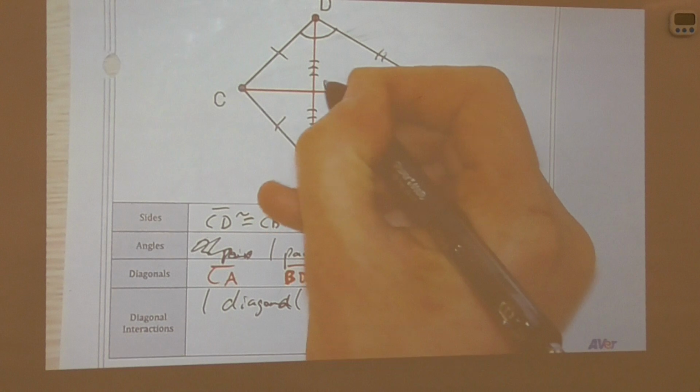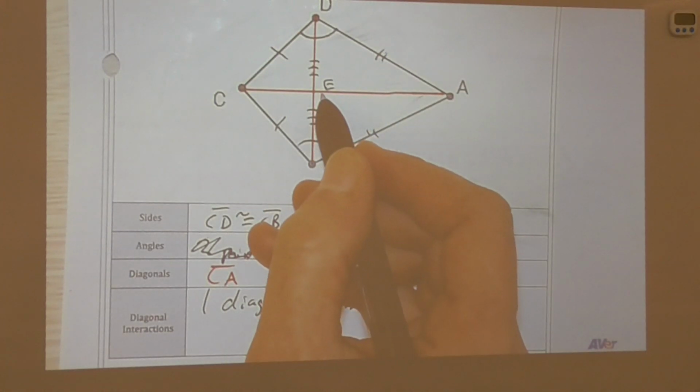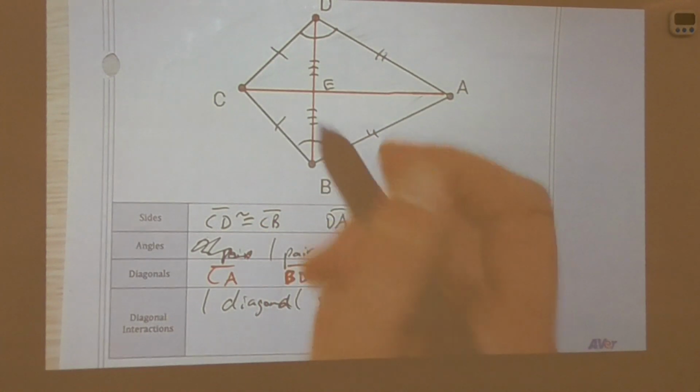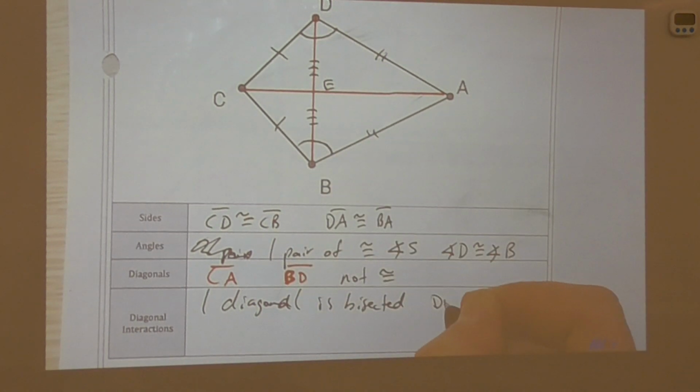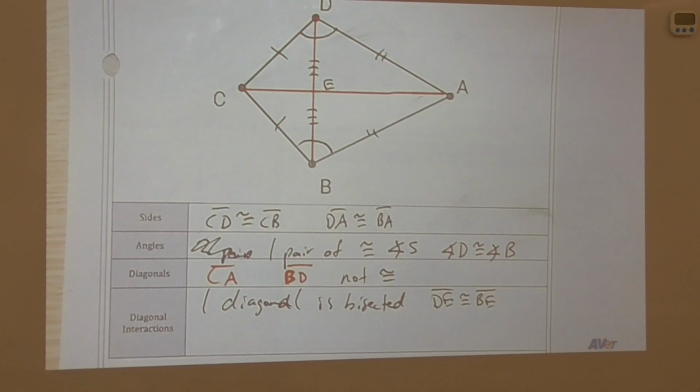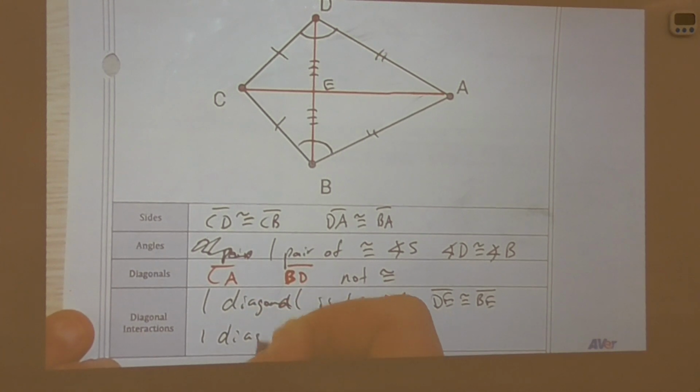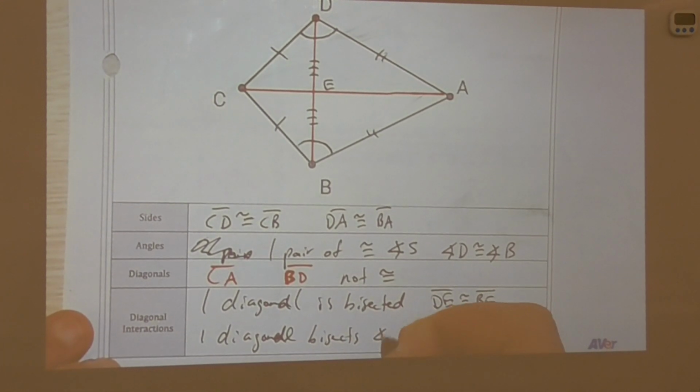We could label point E here, the intersection of the diagonals. So then DE is congruent to BE. Then we have one diagonal that bisects angles.